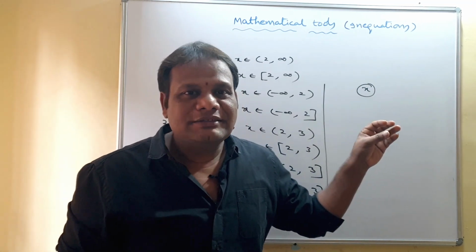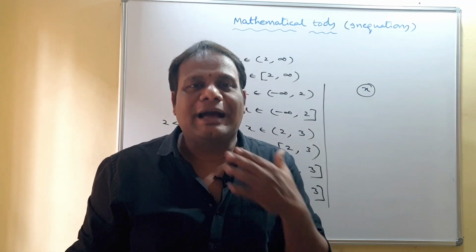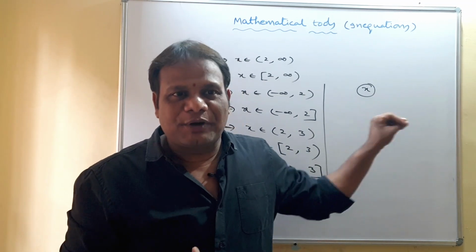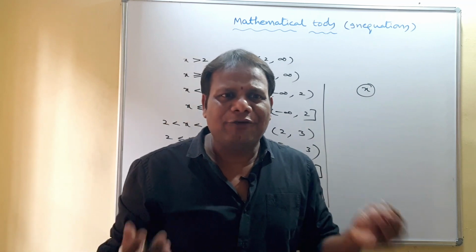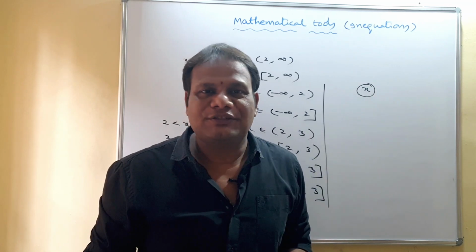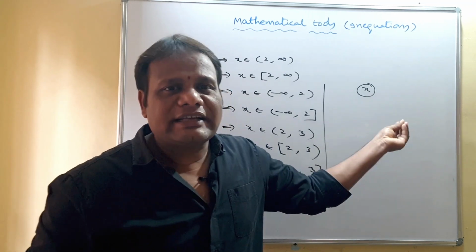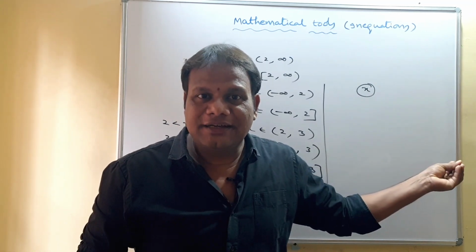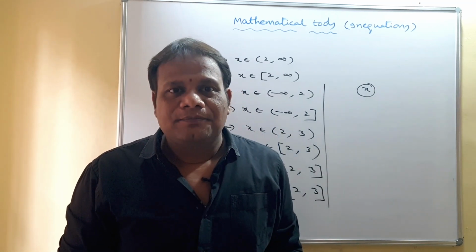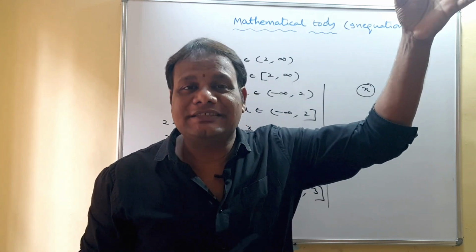Variable means in place of x, you can take any real number. Suppose I take x equal to 10, then for me it is positive, because I have taken 10 in place of x. 10 is positive, so x is positive. Suppose you take x equal to minus 3, for you x will be negative. Suppose some other fellow takes x equal to minus 100, then for him x is negative.